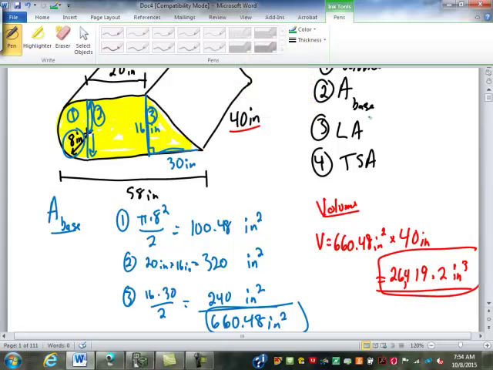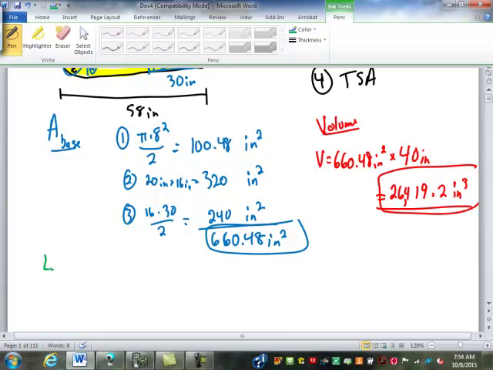Next, lateral area requires that we know what? For the lateral surface area, LA or LSA, depending on how you want to abbreviate it, we need to know the perimeter of the base.